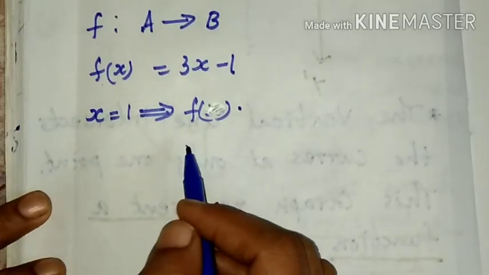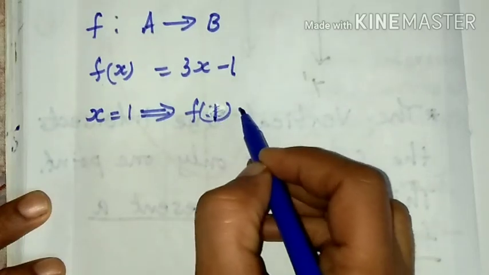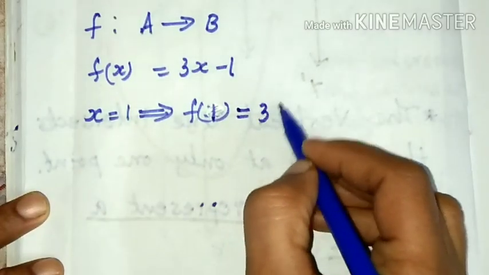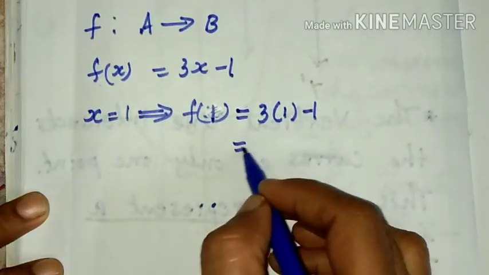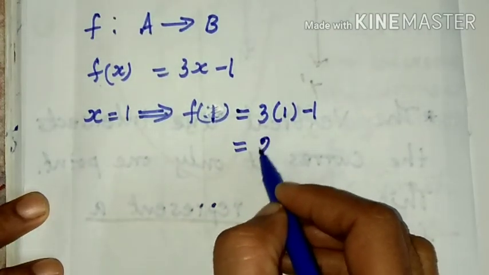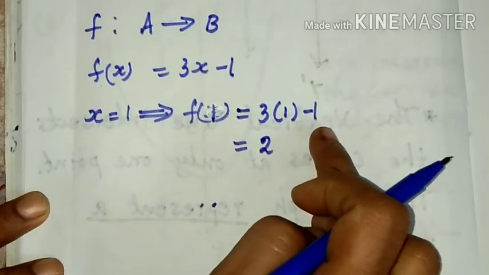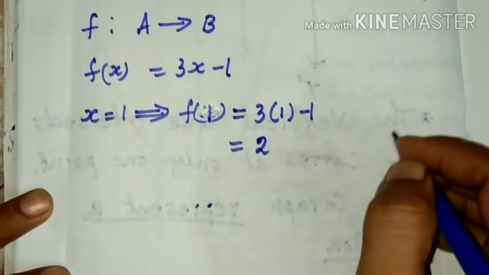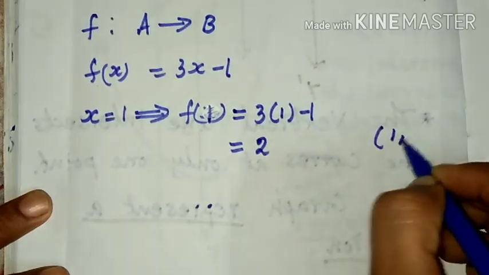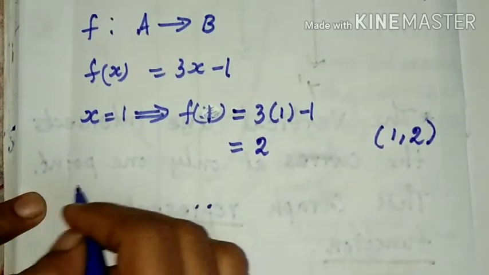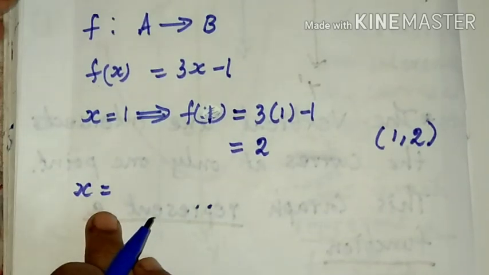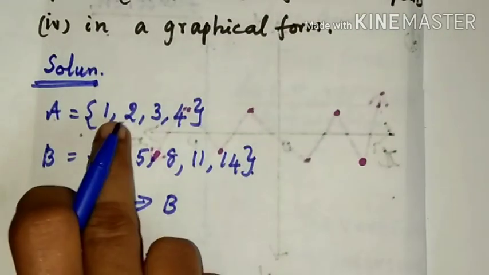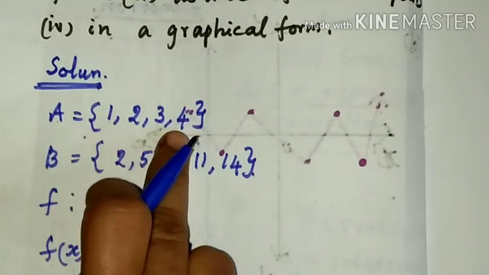Therefore, if x is equal to 1, then f of 1 equal to 3 into 1 minus 1, and the answer is 2. 3 minus 1 equal to 2. Then the ordered pair is 1, 2. Then the next x element. See, x always belongs to set A, set A elements 1, 2, 3, 4.